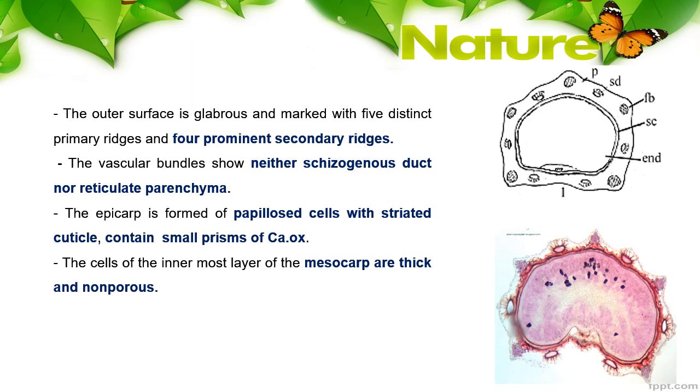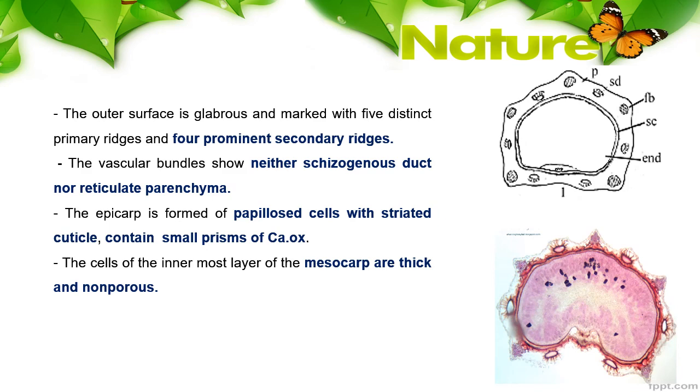So we have the normal structure of the vascular bundle without the outer lacuna or schizogenous duct. But here it differs from the Umbelliferous character, in that the parenchyma underlying the vascular bundle is normal, not reticulated.